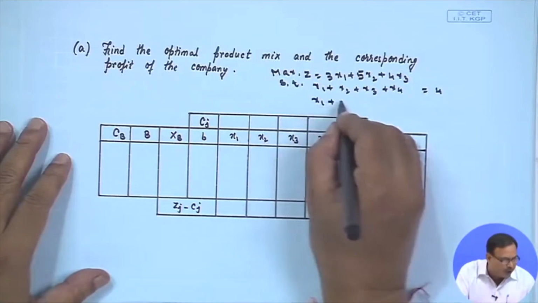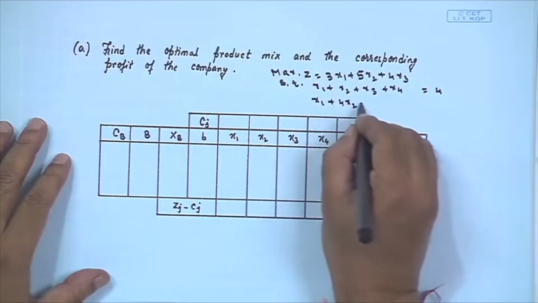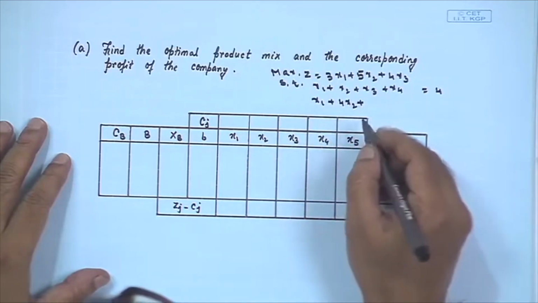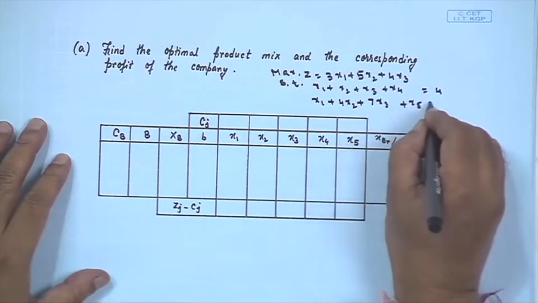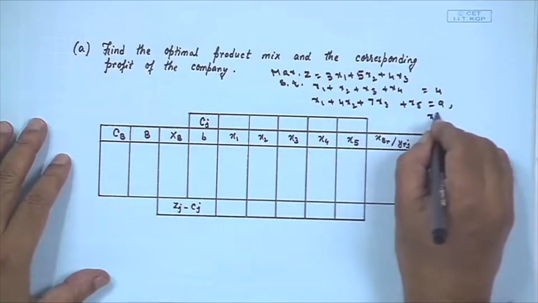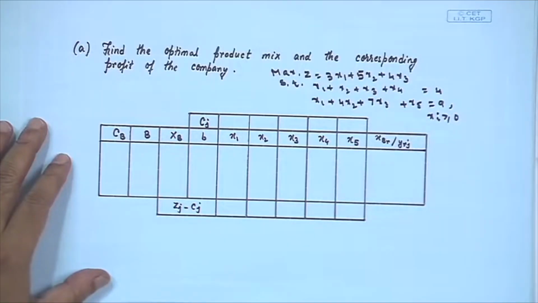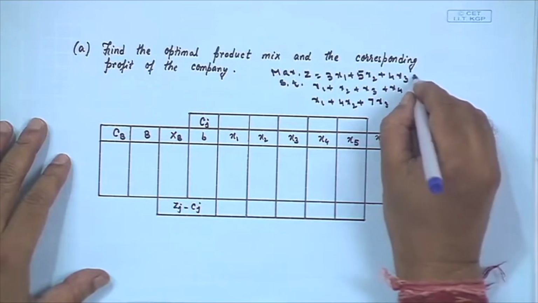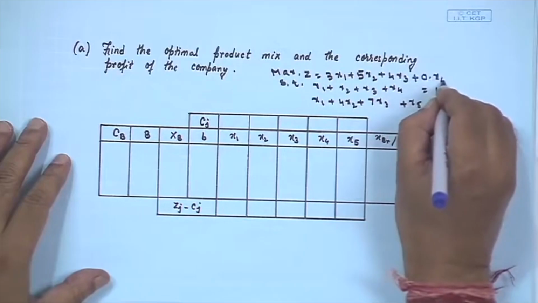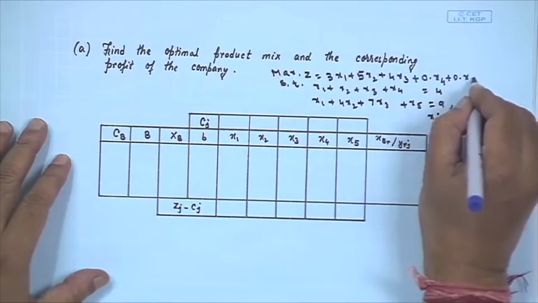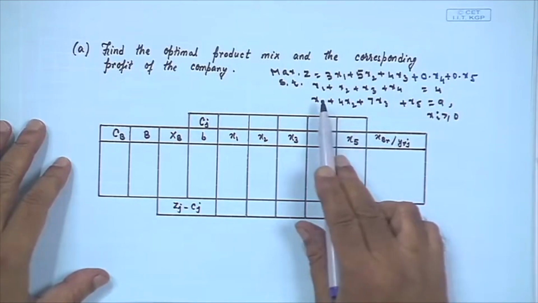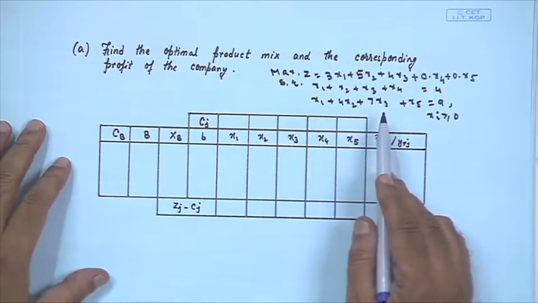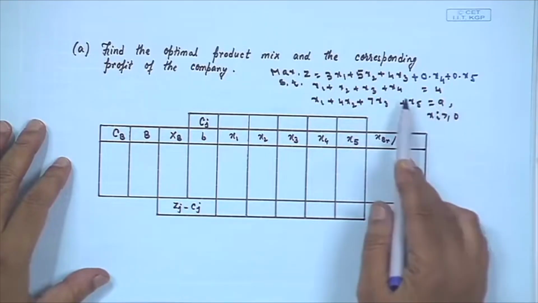Second one is x 1 plus 4 x 2 plus 7 x 3 plus x 5 equals 9. The x i's are greater than equals 0, and in the objective it will be 0 into x 4 plus 0 into x 5. So, your original problem is this, which you have converted into standard form.